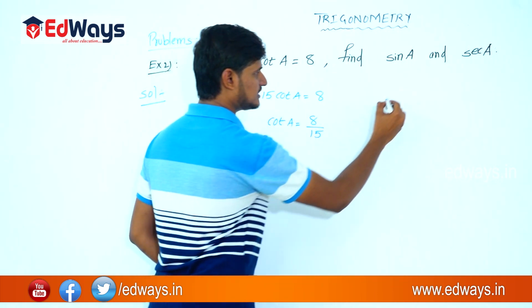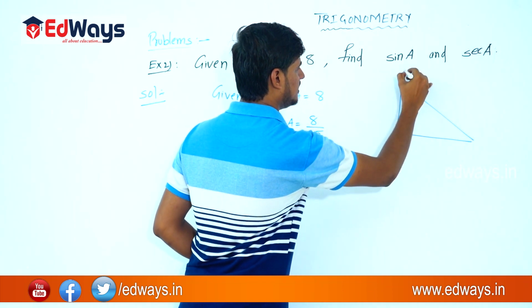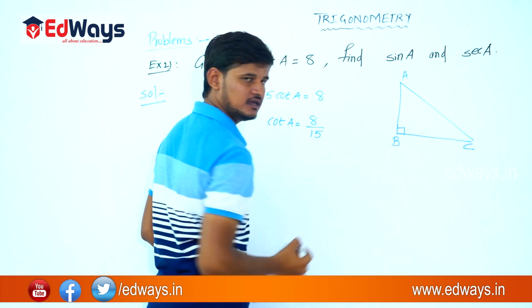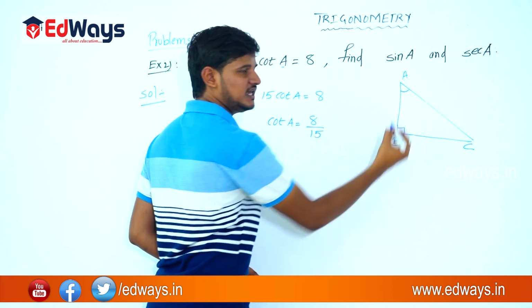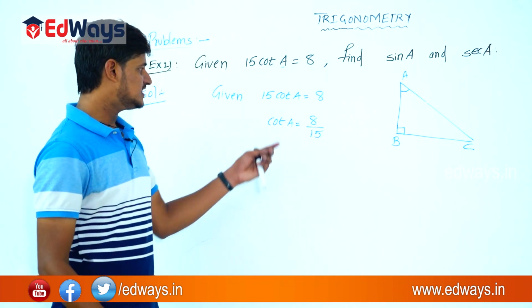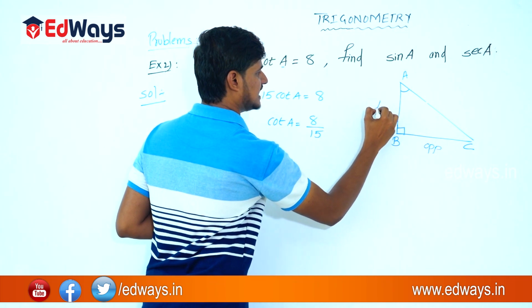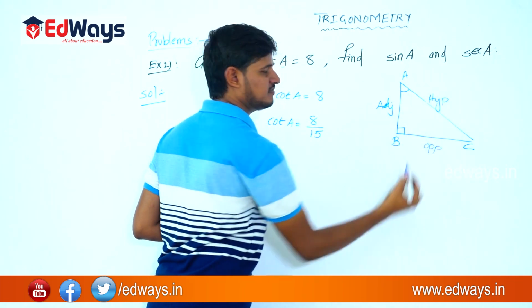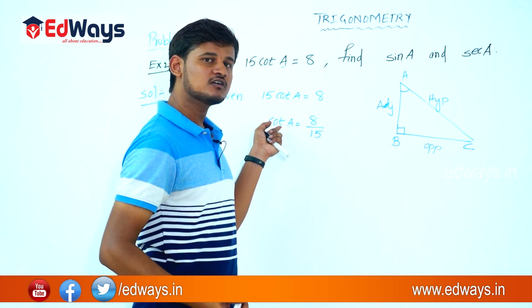Now let us draw a right angle triangle. Take a right angle triangle ABC, right angled at B. Take the reference angle, they already mentioned A. So A will be your reference angle. With respect to A, this is the opposite, this is the adjacent, and this will be the hypotenuse, right? Now with respect to A, they gave the cot A value.